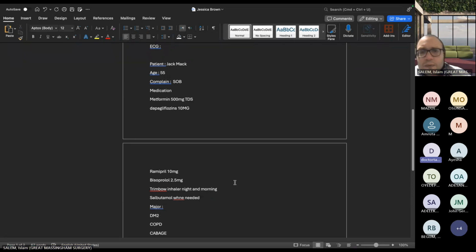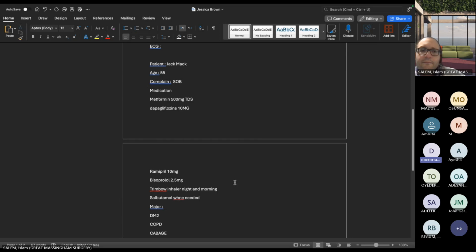Sure. So this is Jack, a male patient, 55 years old, with shortness of breath. He is on multiple medications: metformin, dapagliflozin, ramipril, bisoprolol, Trembo, and salbutamol. It's a mixture of medication.